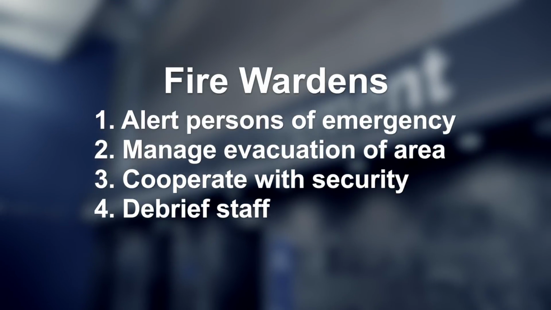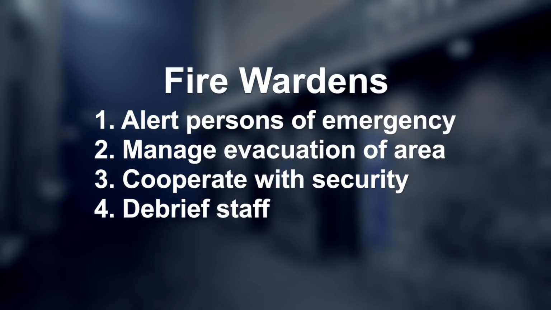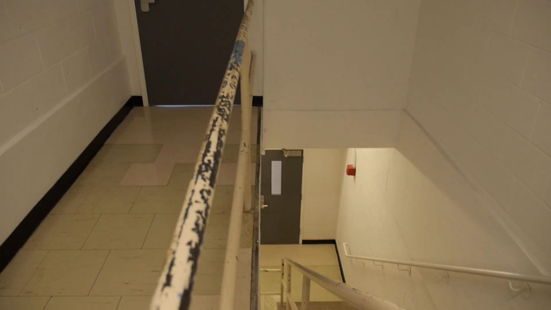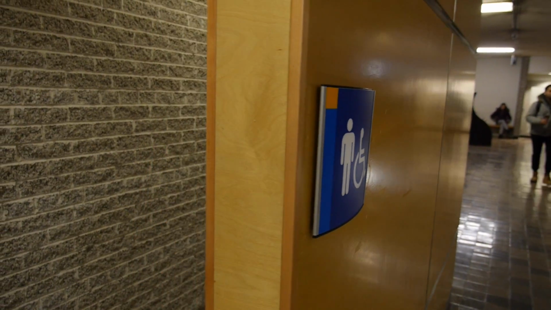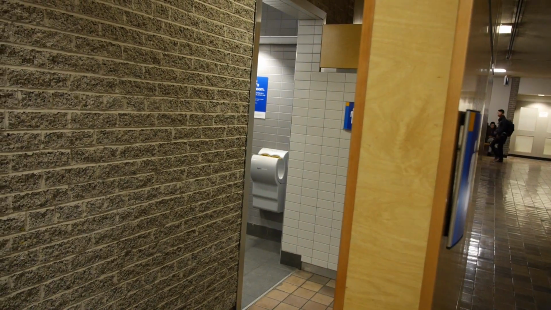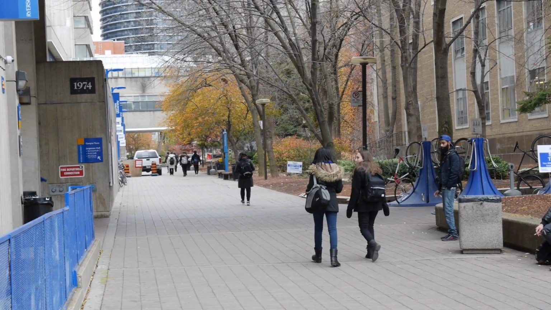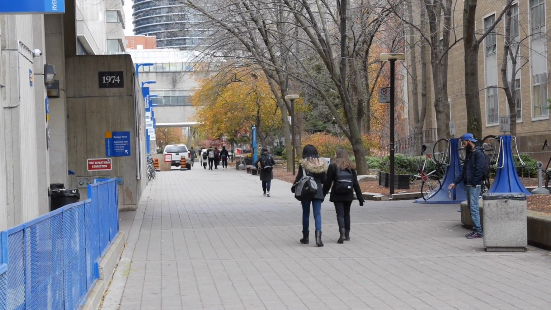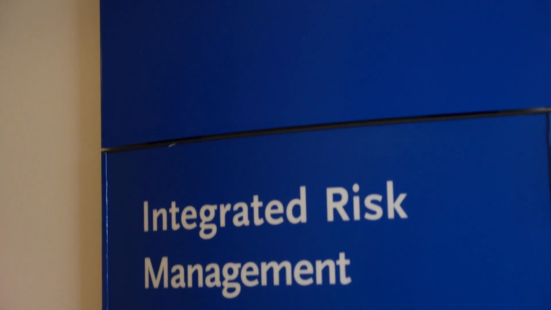They will also carry out other responsibilities, such as advising all personnel within the area to evacuate by the nearest safe exit, assisting in the evacuation of persons with disabilities or who need assistance, checking washrooms and rest areas to inform any personnel of the emergency situation, closing all doors, cooperating with security and fire officials, as well as cooperating with security and the Integrated Risk Management Department in any debriefings resulting from an evacuation.